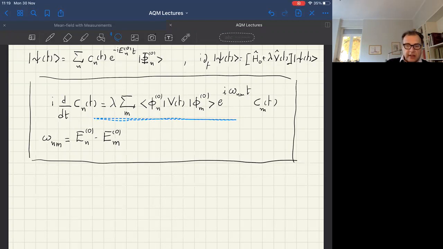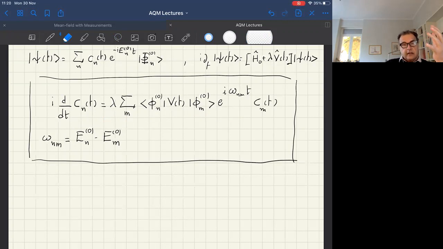So it's not something that is easy to solve. Here is where perturbation theory enters the game.